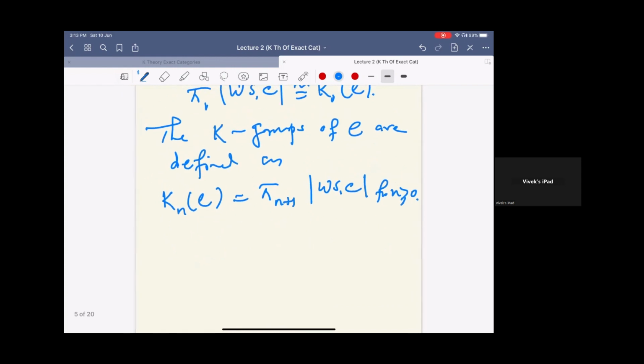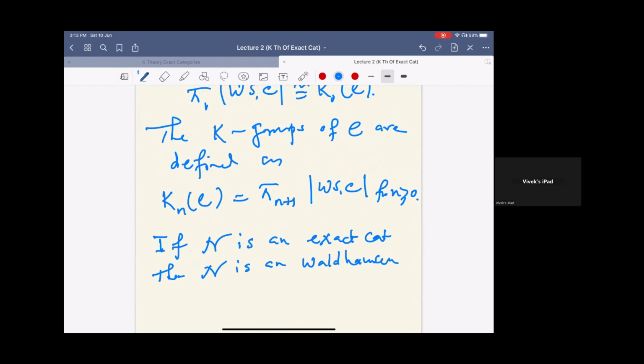But any exact category, suppose N is an exact category, can be thought of as a Waldhausen category with equivalences all isomorphisms.